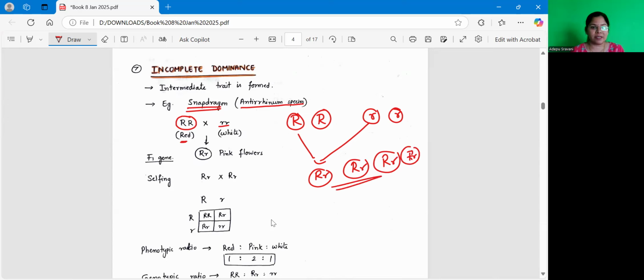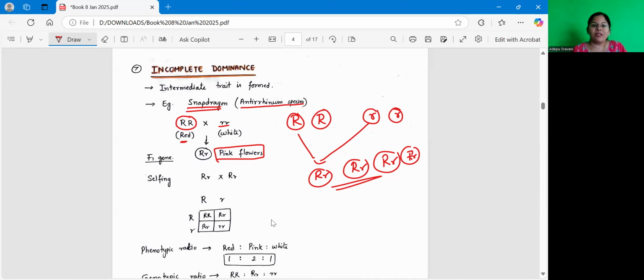And this heterozygous condition, according to the law of dominance, should be what? Red. But in snapdragon, that is Antirrhinum, instead of red flowers, we were getting pink flowers. So pink is formed when you blend red with white. Isn't it? Have you blended colors in your childhood? Yes. When you mix red color with white, we get pink. So here we are getting pink color. So that is called blending.